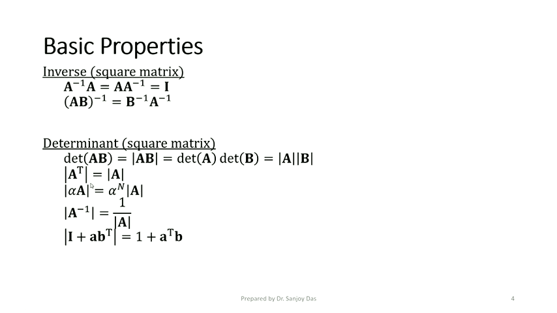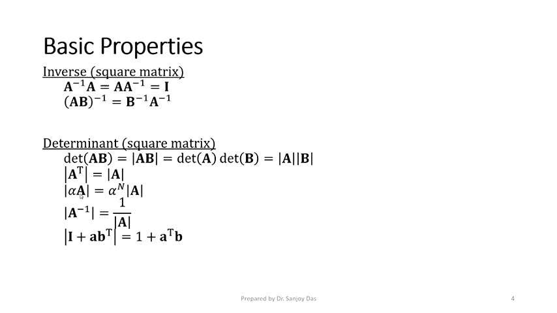We're dealing with square matrices, right? So the determinant of the transposed matrix A transpose will also equal the determinant of the matrix. If you multiply a matrix with a scalar, the determinant changes. The determinant of alpha A is equal to alpha to the n times the determinant of A, where n by n is the size of A, n rows and n columns.